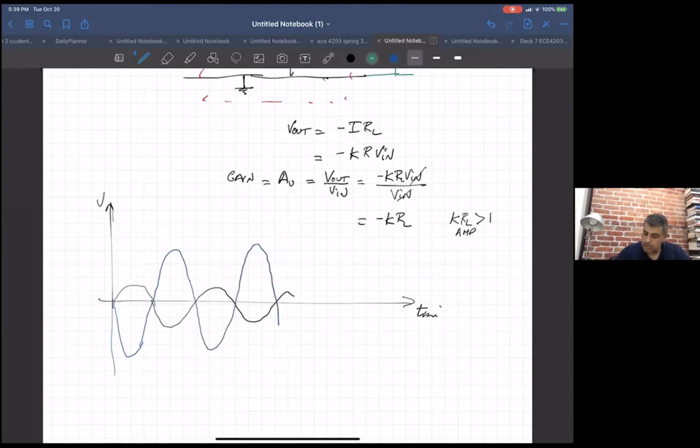The inversion comes from this sign, and you'll find out almost all the single stage amplifiers I know are inverting amplifiers.